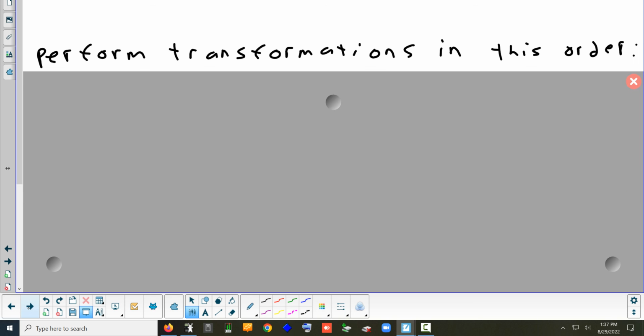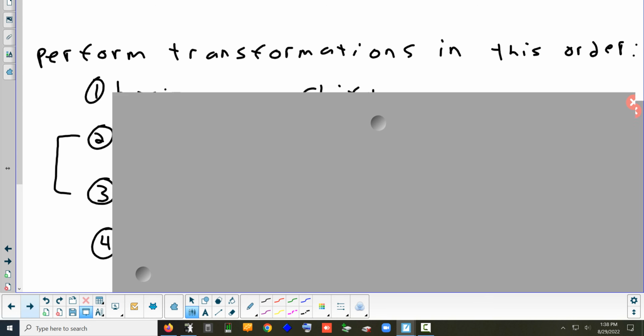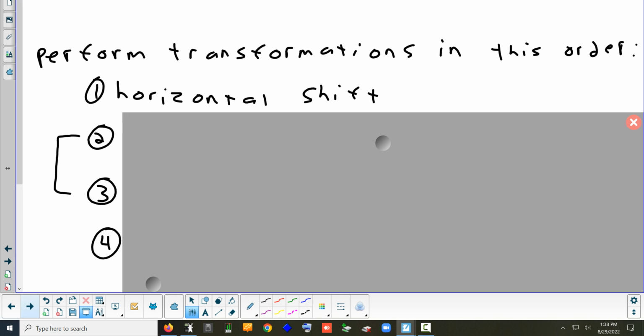Now there is an order that we want to follow when we do transformations in general. Like PEMDAS, it makes a difference in the final answer. These are the steps that we follow when we have multiple transformations in the same problem.